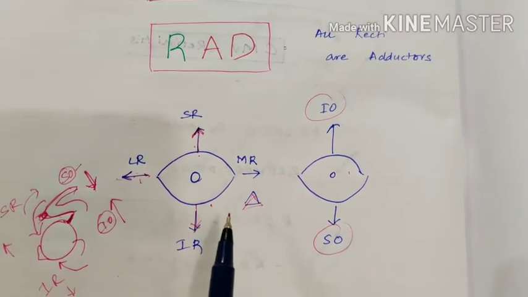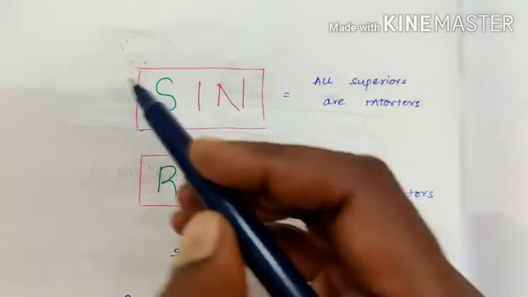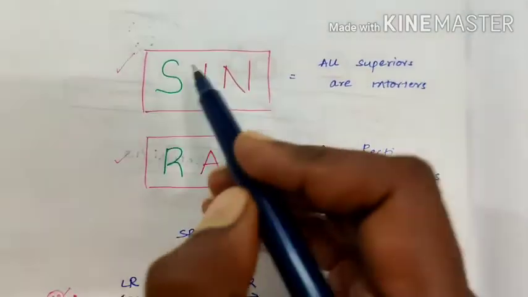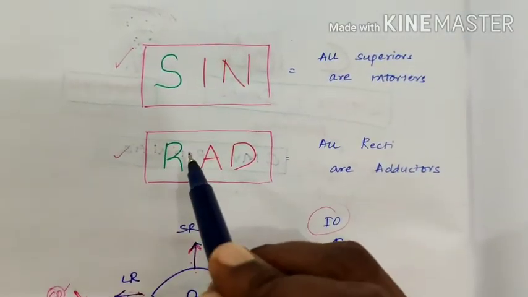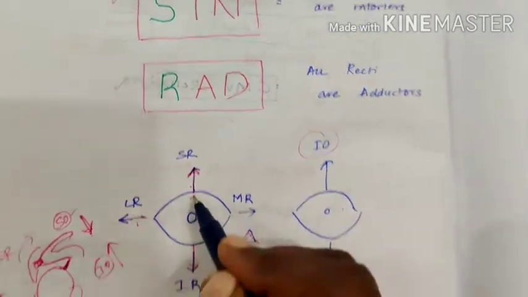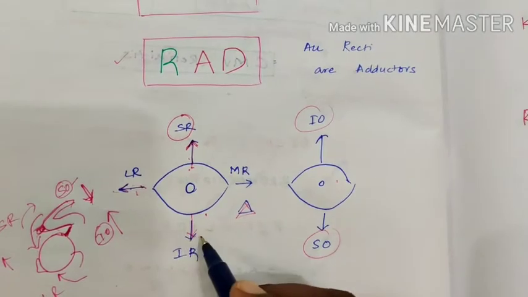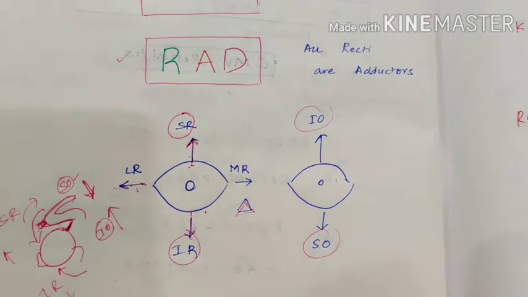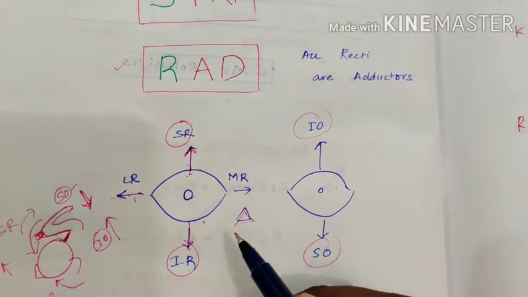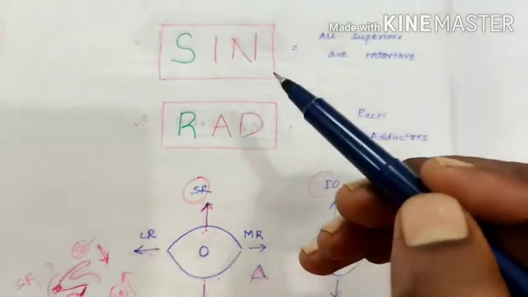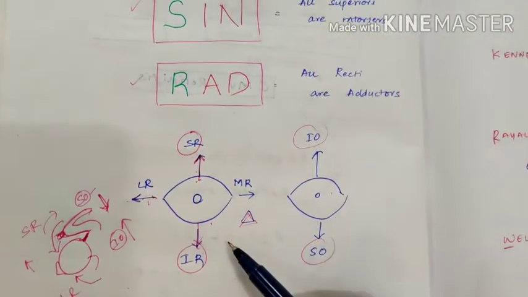But they have some secondary movements and tertiary movements also for each muscle. So this is not the exact way superior rectus and inferior rectus pull the eye. The exact way is we have to mix these tertiary and secondary movements with the primary movements.